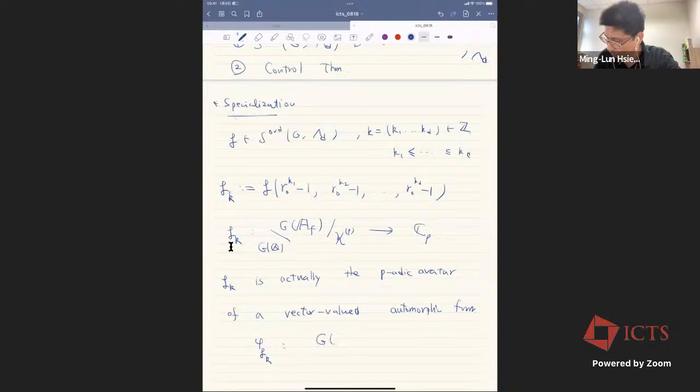So it's an automorphic form. It's a function on G(A), left invariant by G(Q), right invariant by K, and the values are in L_K.